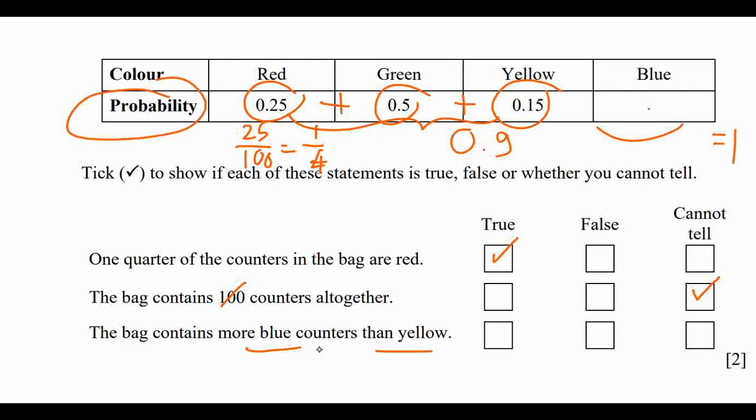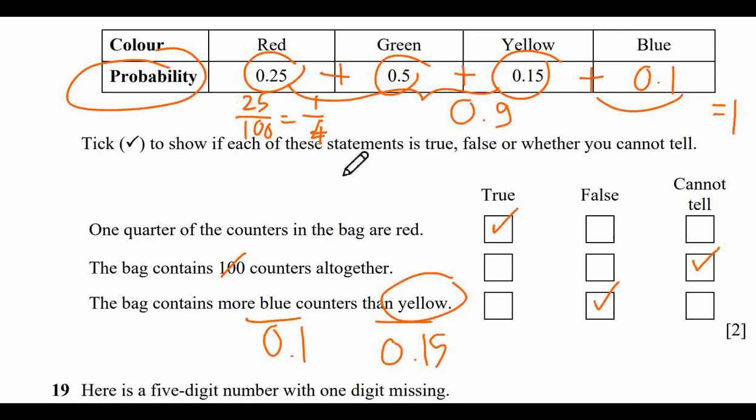So 0.9 plus blue should be 1, so it must be 0.1. So blue is 0.1 and yellow is 0.15. So it actually contains more yellow than blue, so this is false.